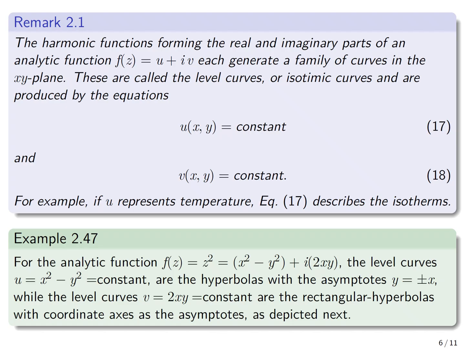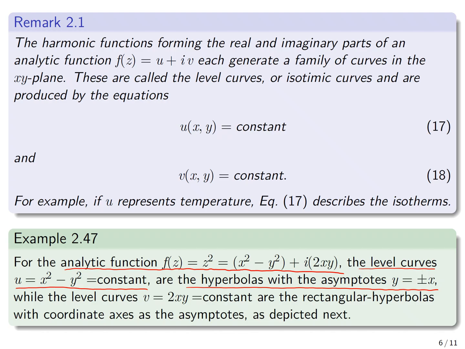So what it says is that for the analytic function z squared, which equals x squared minus y squared plus i times 2xy, the level curves are given by one set, u, which is x squared minus y squared equals a constant, are the hyperbolas with asymptotes y equals plus or minus x.